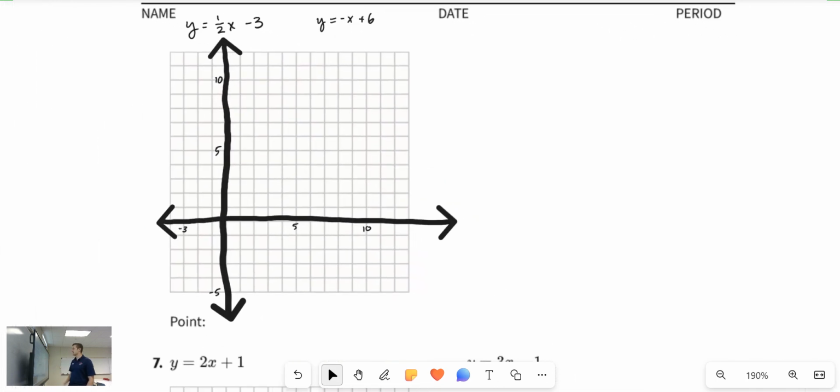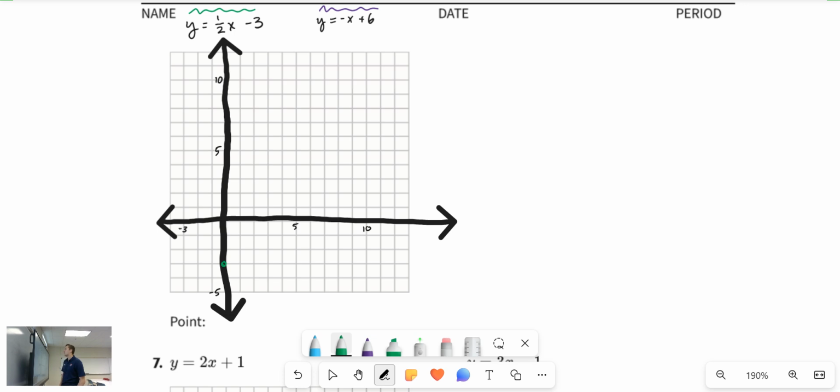And I've already copied down the equation. So we have 1/2 x minus 3. We'll do this one in green, and we'll be doing the other one in purple. So 1/2 x minus 3. We're going to start down at minus 3. This is 1, 2, and 3. Minus 3 should be right here.